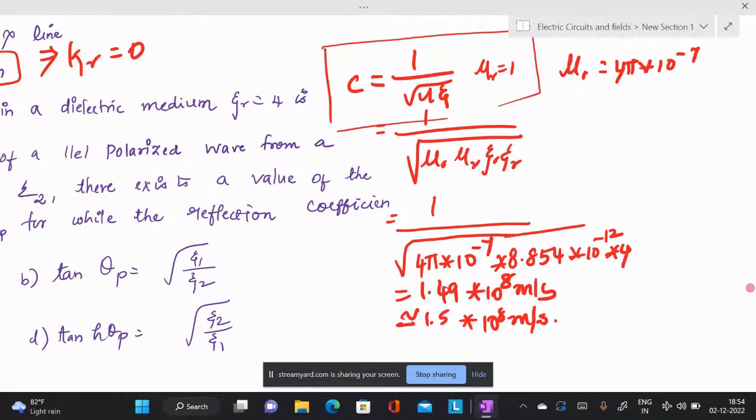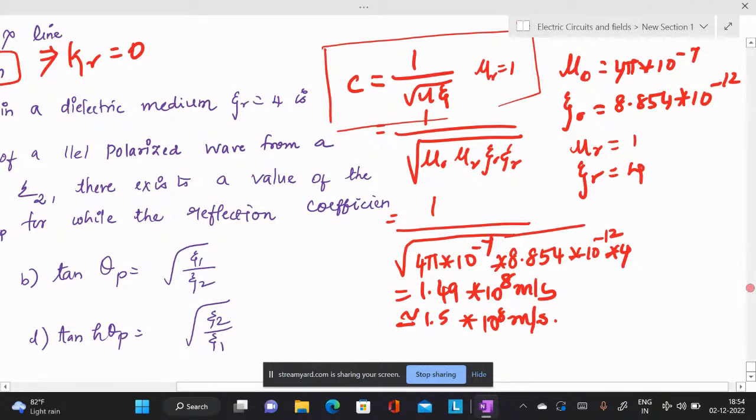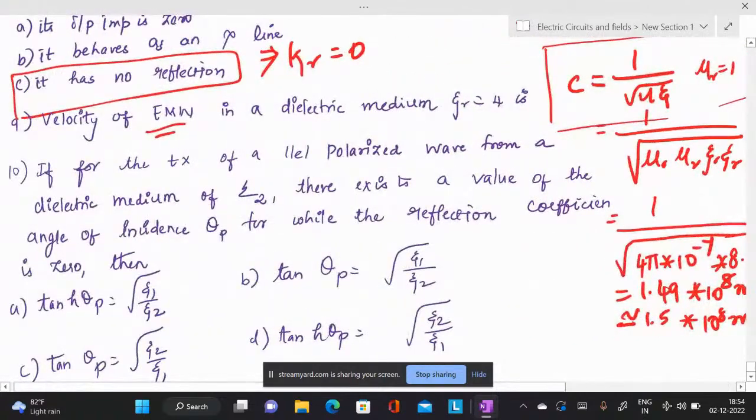The value of epsilon naught we should always know, that is 8.854 into 10 to the power minus 12. So mu r is 1, then epsilon r is given as 4. If we substitute all this, we are supposed to get this answer. Please check your answer.